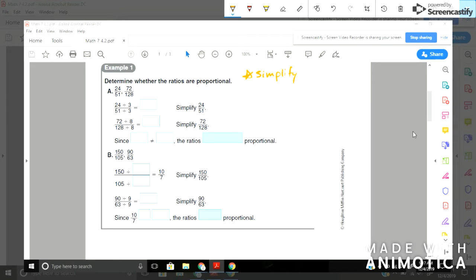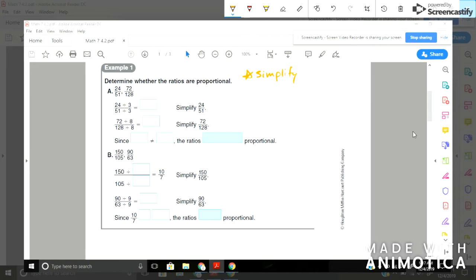For the first one, I have 24/51, and the second one I have 72/128. You can see if this was pizza, this one would be cut into 51 pieces, and this would be cut into 128 pieces, just like in the previous example. And we need to determine, are these two proportional?